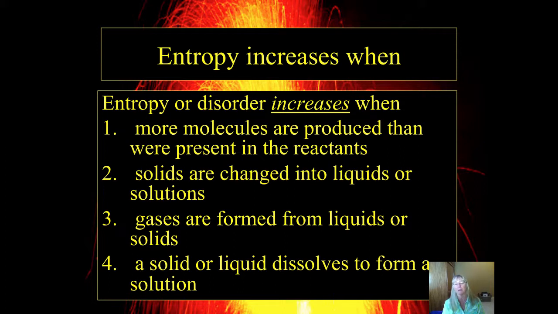We call that degrees of freedom, but you'll learn about that if you take AP chemistry. So that's one way you can make entropy increase. When you change a solid into a liquid, or a liquid into a gas, you're clearly making more disorganized forms of matter. And we've already discussed that when you make a solution by dissolving a solid or a liquid in another solvent, you're creating more entropy, more disorder.